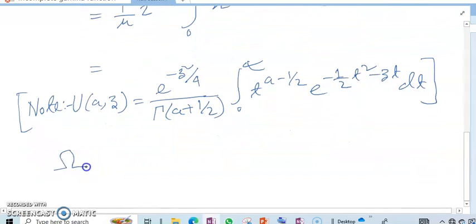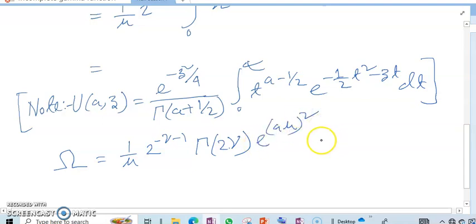So omega equals 1 by mu, 2 to the power gamma 2 mu, e to the power a mu whole square, 2 mu minus half.